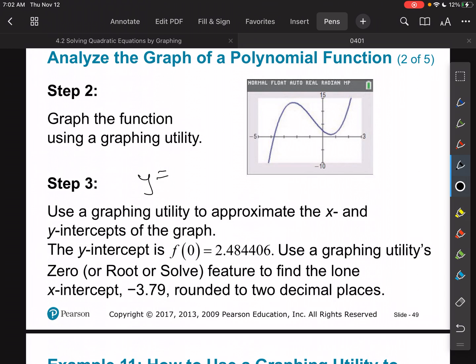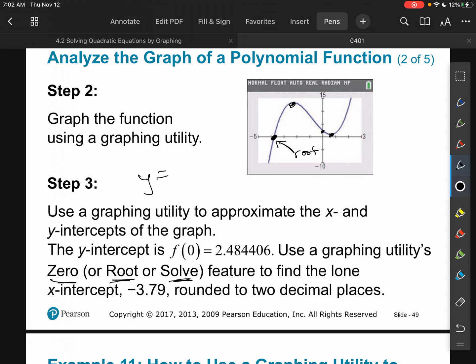And then you can use the grapher at that point to figure out what the y-intercept is, what the max is here, what the min is here. Use your max and minimum features. You can also figure out where it crosses right here using the root. The root or the solve feature will tell you where this thing is.